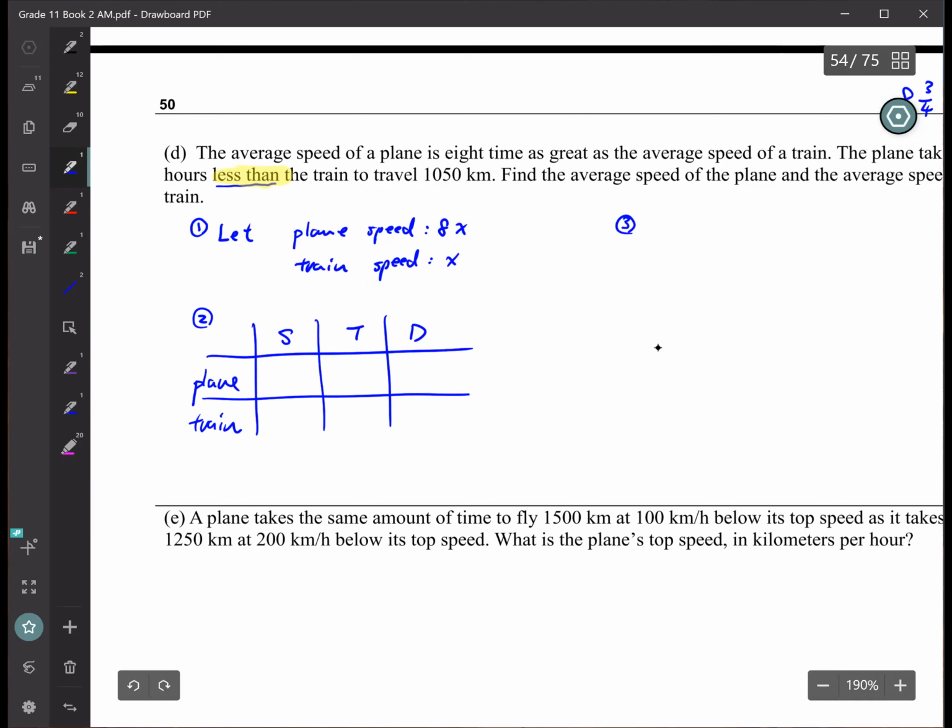8x, and then 1050. What about time? It's distance over speed, so 1050 over 8x. Okay. And Nathan, for train? The train speed is x. Yeah, and then?